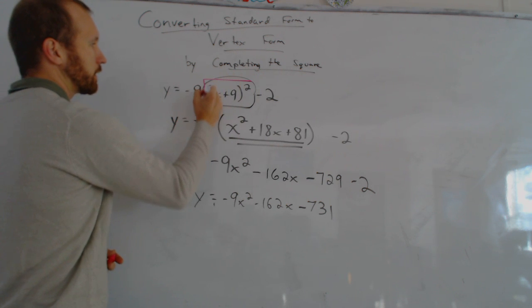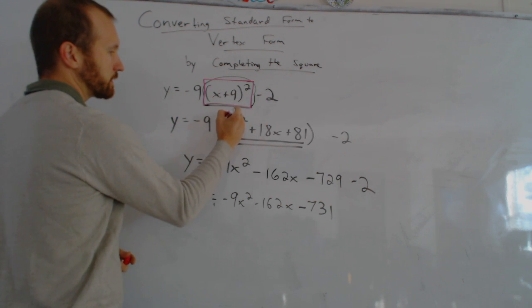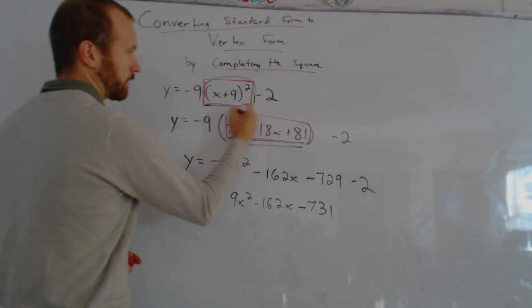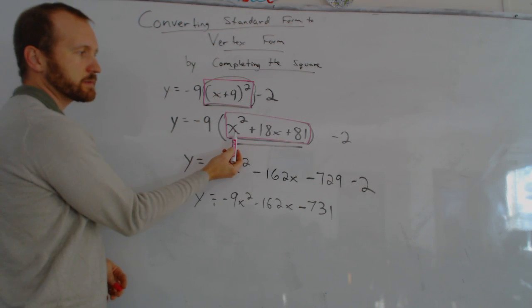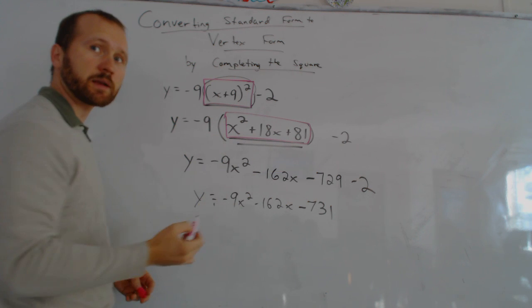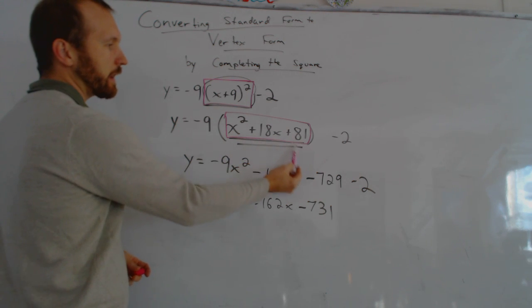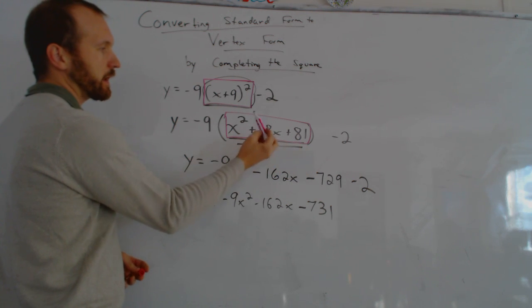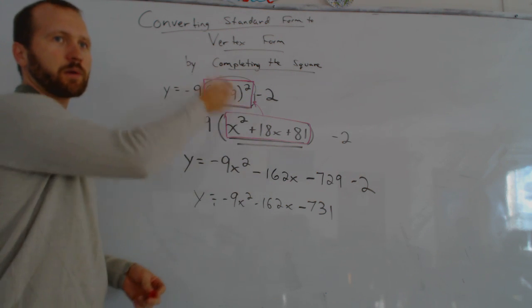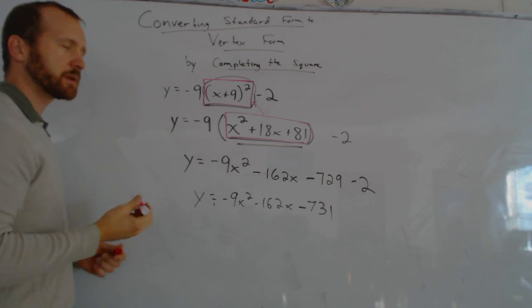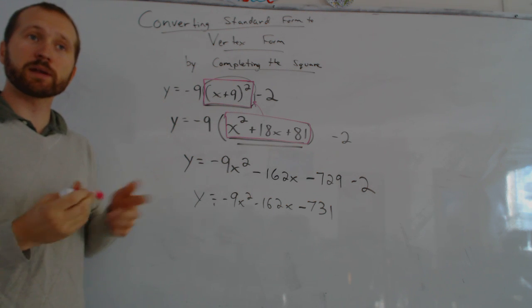This right here is this right here. These are the same thing. x plus 9 squared is x squared plus 18x plus 81. And so the reason that I added 81 was so that I could turn this into this. Does that make sense? That's what completing the square is.